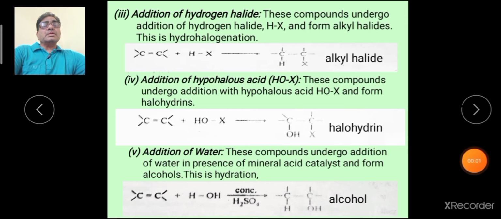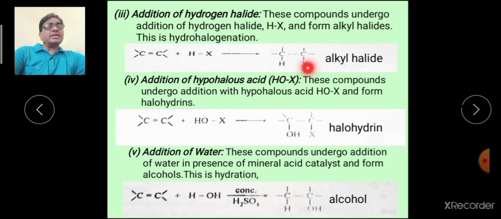The third is addition of hydrogen halide, that is HX. These compounds undergo addition of hydrogen halide HX to form alkyl halide, and the reaction is known as hydrohalogenation. This is the alkene, this is the hydrogen halide, addition across the double bond, here H and here X, therefore alkyl halide is formed.